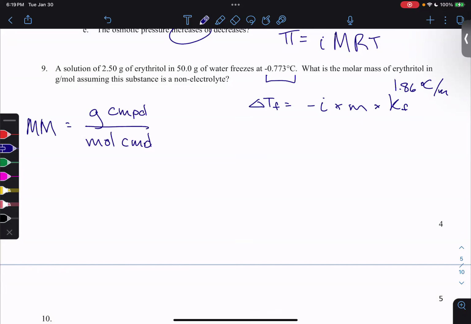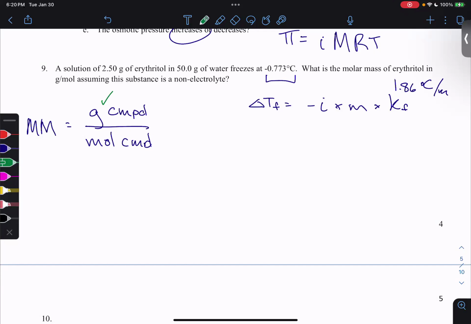Do we have one of these numbers already? Yeah, which one? Grams, cool. I like doing that because it makes me feel like I'm halfway done because I got grams already. Now I just need to figure out how many moles there are with all the other information.